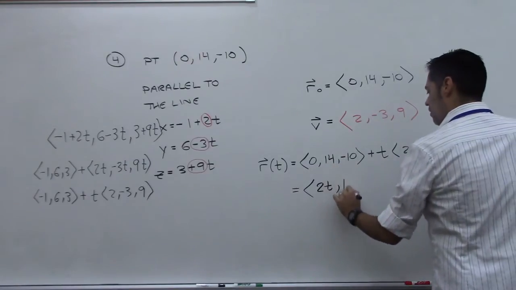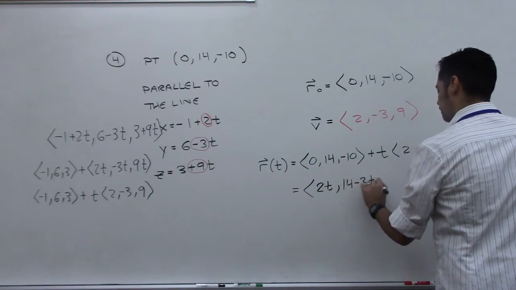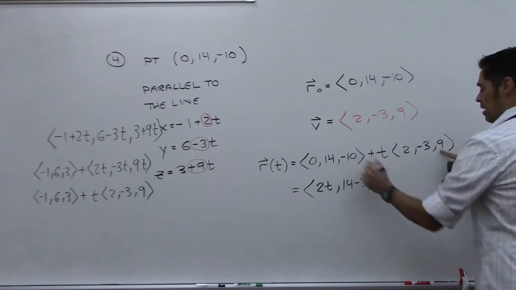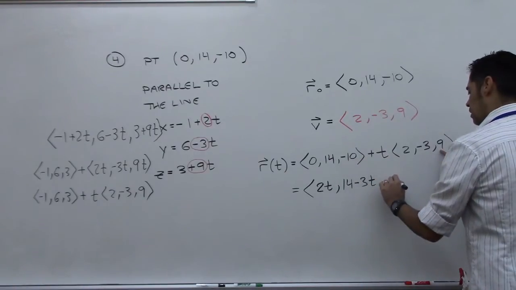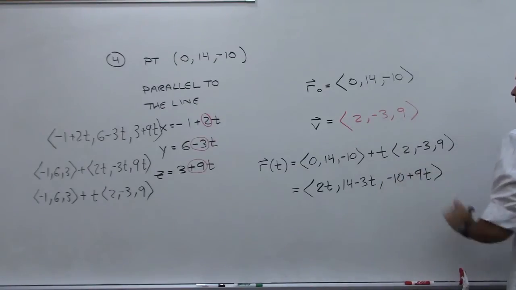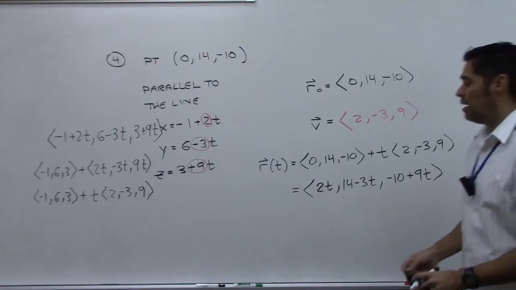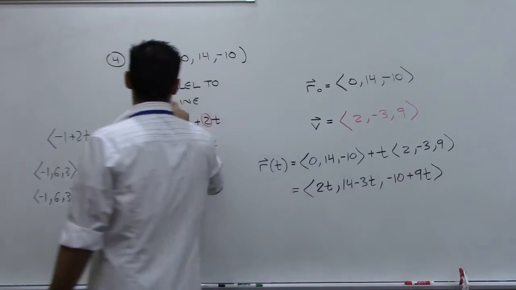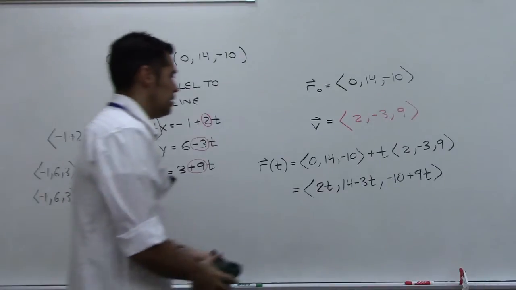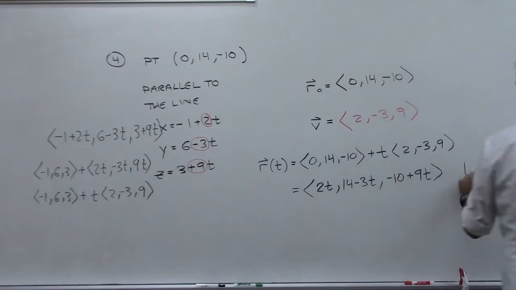Add 14, so 14 minus 3t. And then t times 9 is 9t, and then subtract 10. So I'll go negative 10 plus 9t. That is the vector equation of the line that is parallel to this line and runs through that point. Of course, t here, again, is an element of the real numbers.